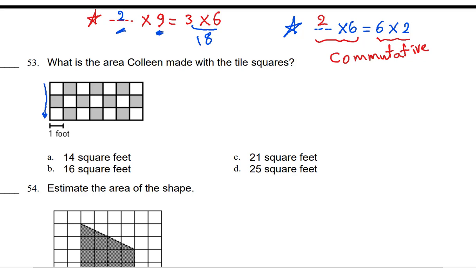This one is 3, and this one is 7. Then we multiply 3 times 7, which equals 21. So the answer is 21 square feet. Thank you, Abdelaziz. Great work.